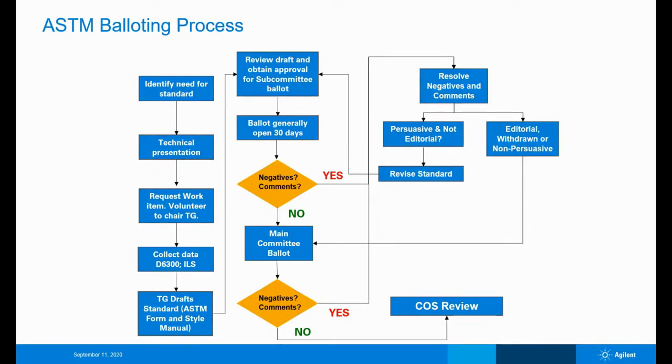If through the resolution process, the proposed or required change concerning the negative is editorial, or if the negative is withdrawn after discussion, or in the worst case, if the negative voter refuses to work with the technical contact in resolving the negative vote, it is possible to find the negative vote non-persuasive.